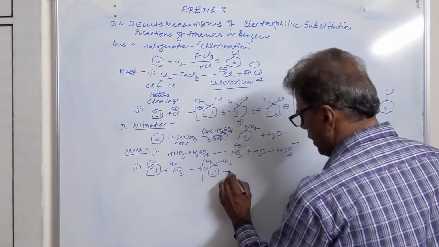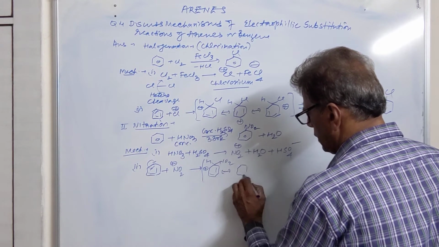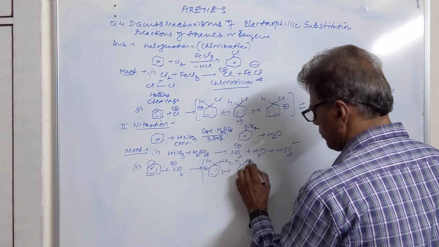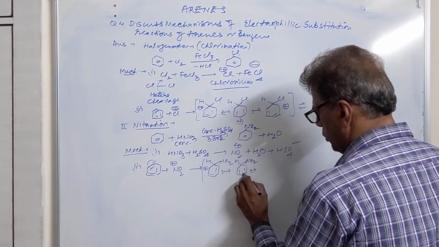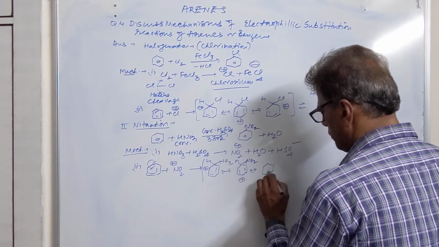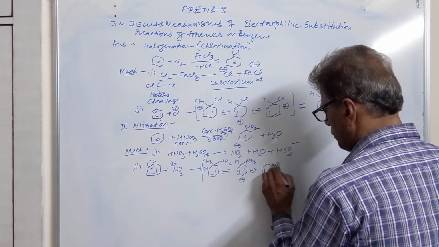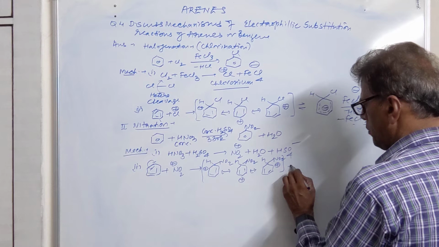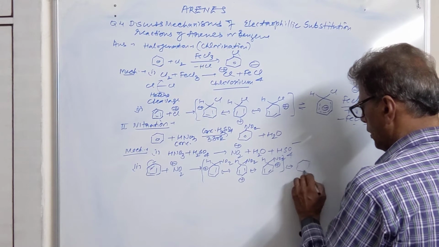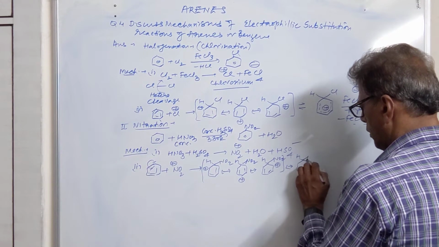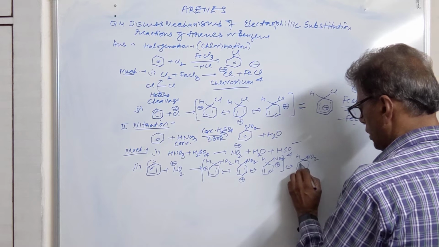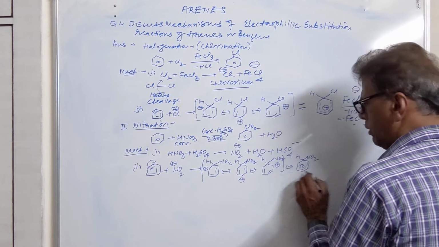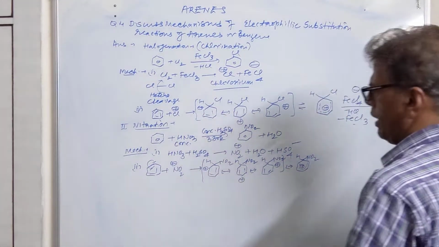Now it will exhibit resonance similar to the previous case. Positive charge comes here, again positive charge goes here. Now the resonance hybrid of this: positive charge comes from ortho, goes to para, again comes back. Now this is the resonance hybrid.